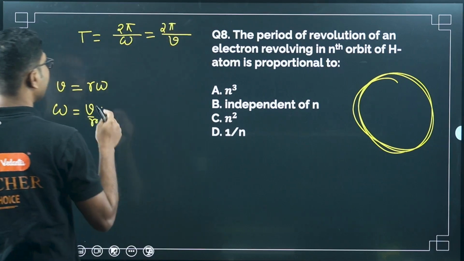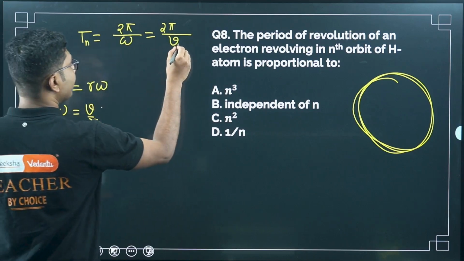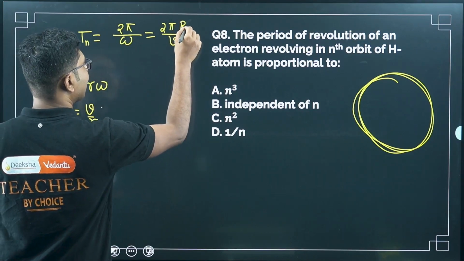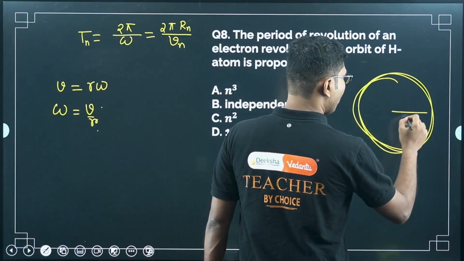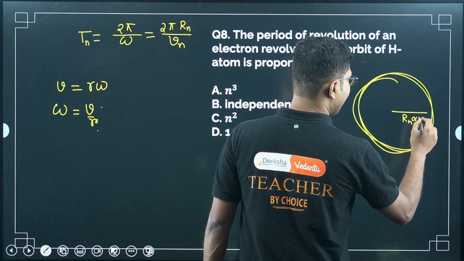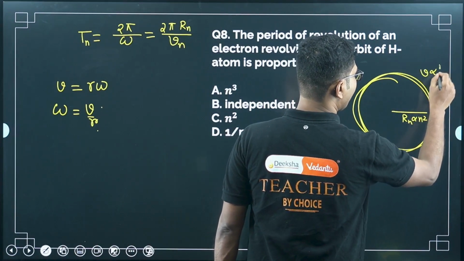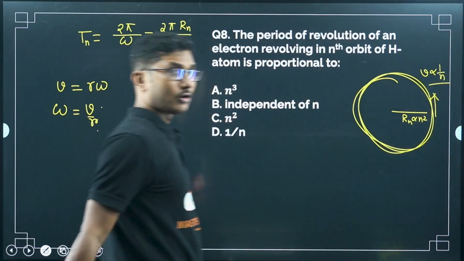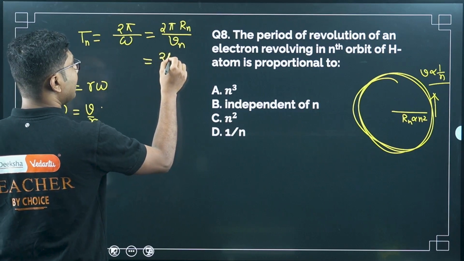So we will write this as Tn equals 2 pi Rn by Vn. Now what is Rn? We know that Rn is proportional to n square, and velocity is proportional to 1 by n. If you followed our lecture, I have discussed this. So what is 2 pi?